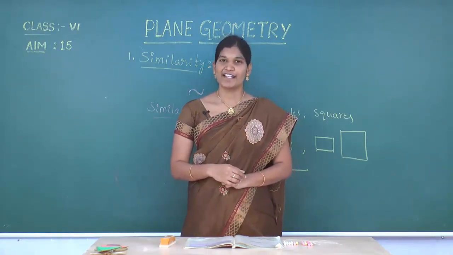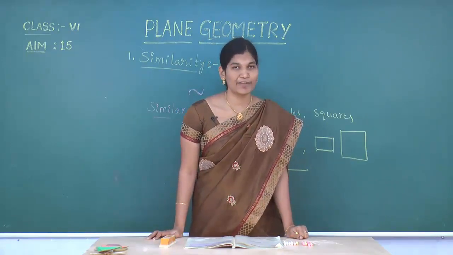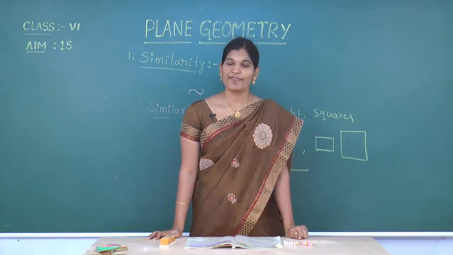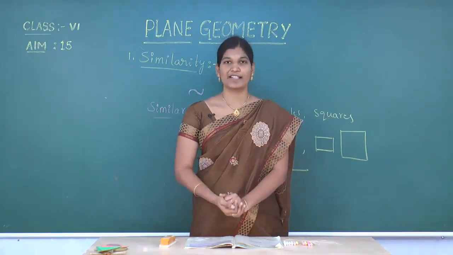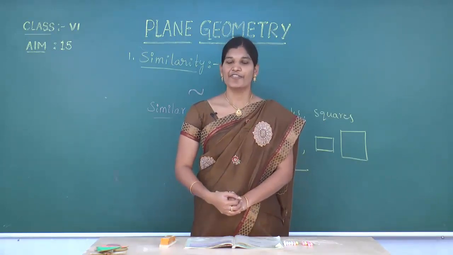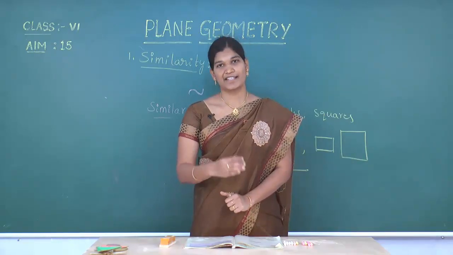Now let me discuss congruent. What type of figures are said to be congruent? Here the difference is that figures in the same shape we call similar figures, whereas congruent figures have the same shape and the same size.